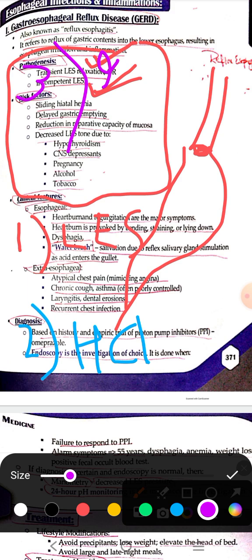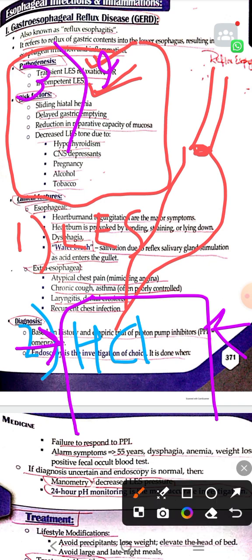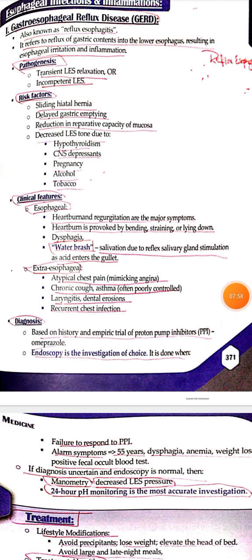Like if this is someone's abdomen, here the pressure is increased. Due to this increased pressure, or due to delayed gastric emptying, it can even cause GERD. So GERD can also occur if there is increased intra-abdominal pressure.